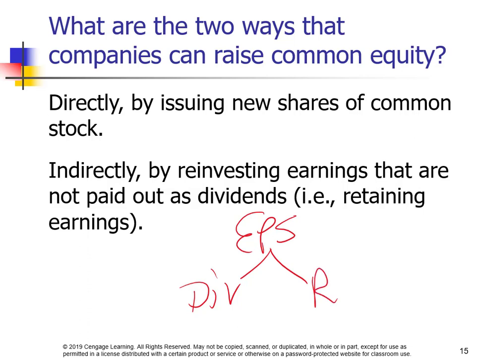Now, the remaining goes towards retained earnings. So retained earnings, in essence, is a reinvestment of your money. This is yours, and so this is your reinvestment of profits into the company. So it provides a sort of compound return when the company keeps some of your money and reinvests it.